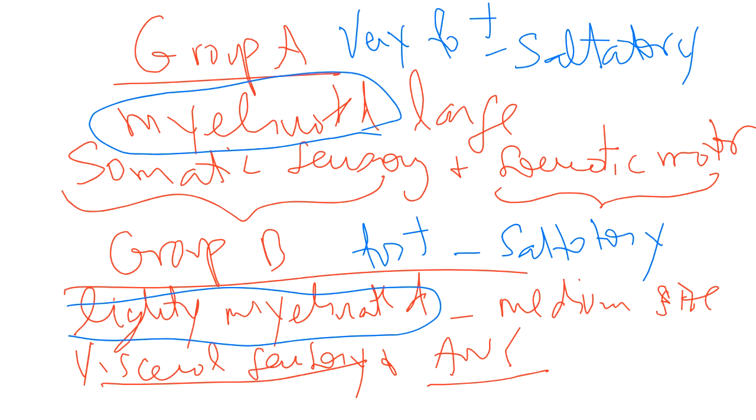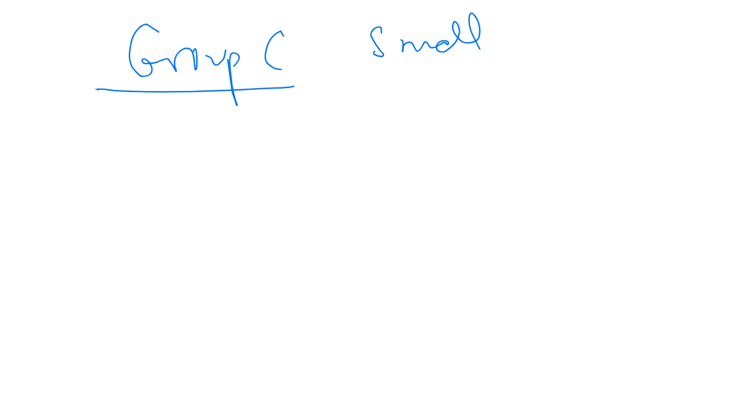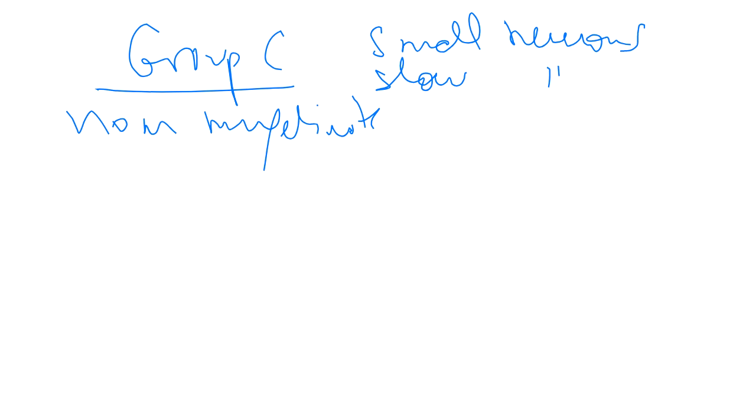And then the slowest of neurons were group C, which were small neurons, slow neurons, non-myelinated, and these were ANS neurons also, actually, and visceral sensory.